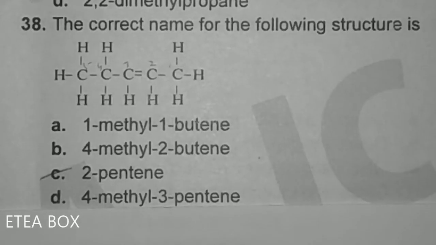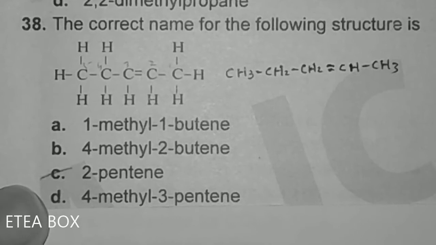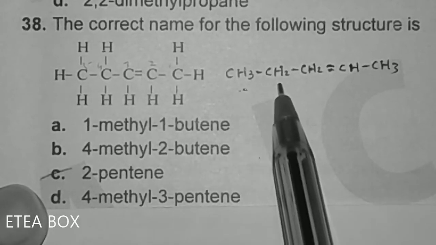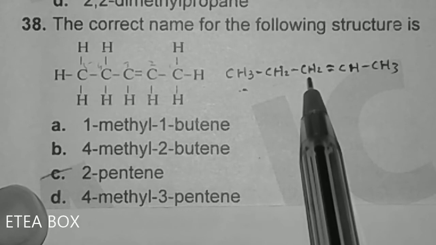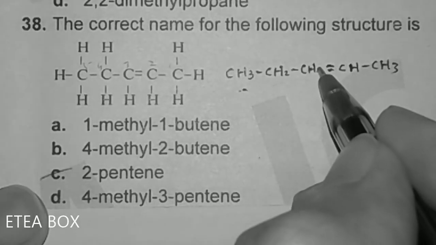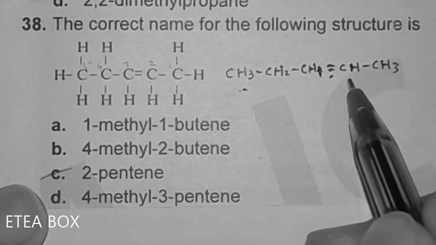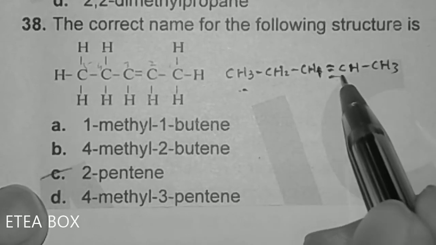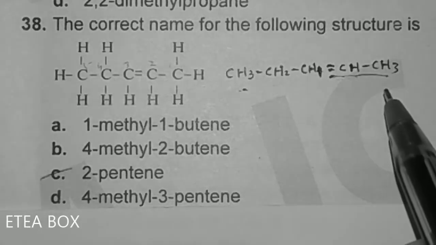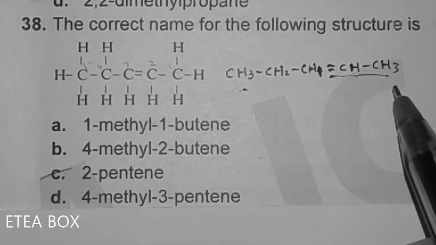The correct name for the following structure is, now look at the structure. I can also write it like this: CH3 CH2 CH2 double bond CH and CH3. Now look here, you have to start the numbering from where the double bond comes.